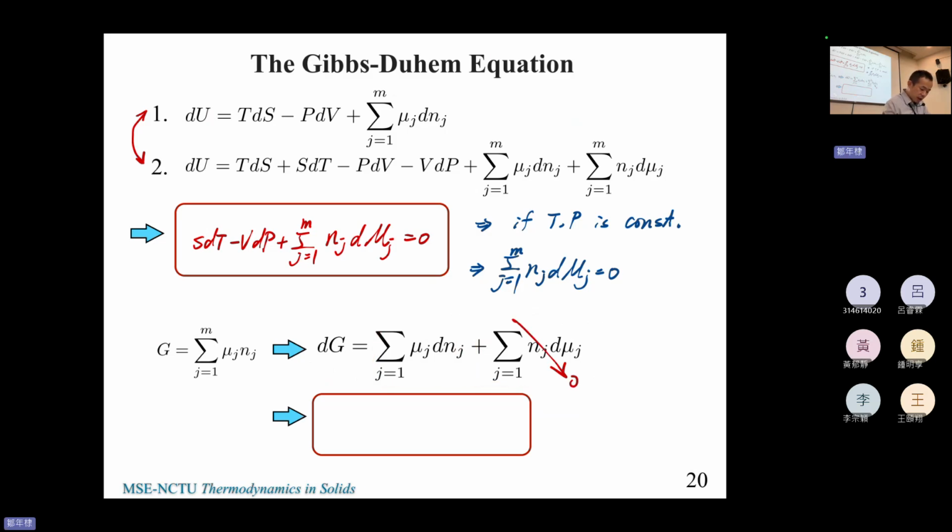And then we can obtain the famous Gibbs-Duhem equation, dG at constant T and P equals sigma j equal to 1 to m of mu j dnj. Okay, so this is the famous Gibbs-Duhem equation.